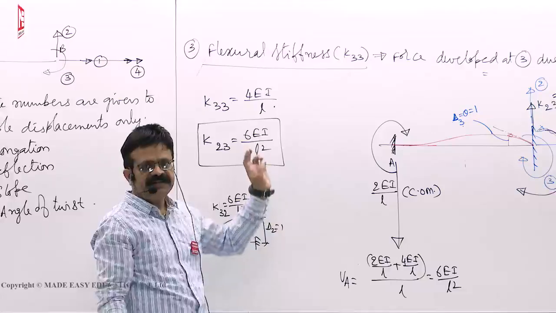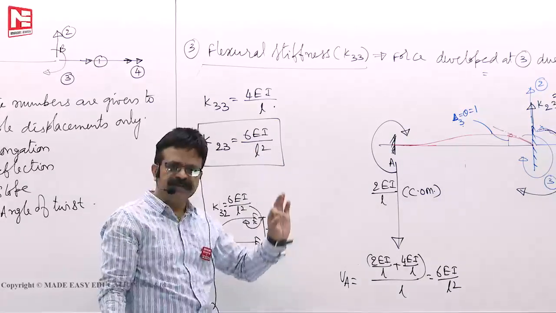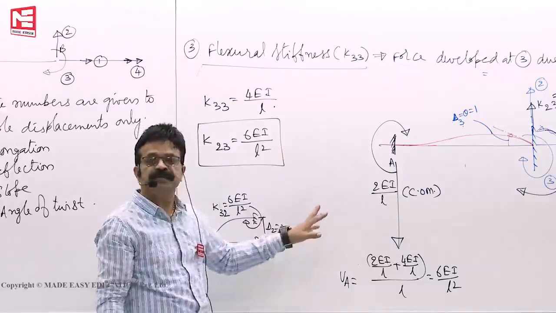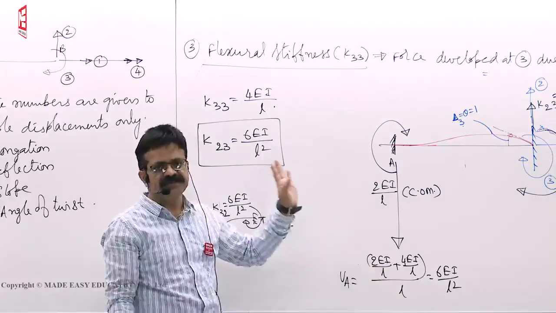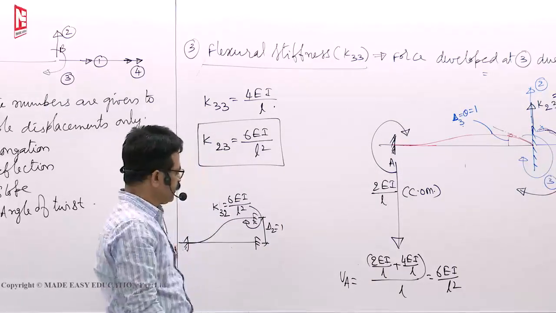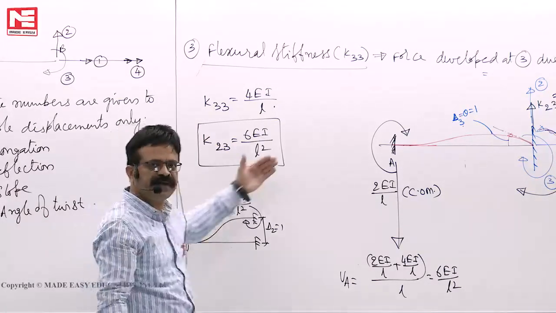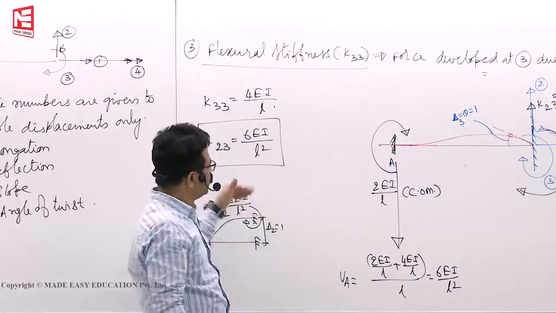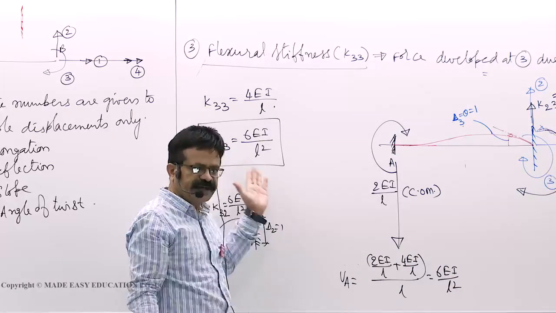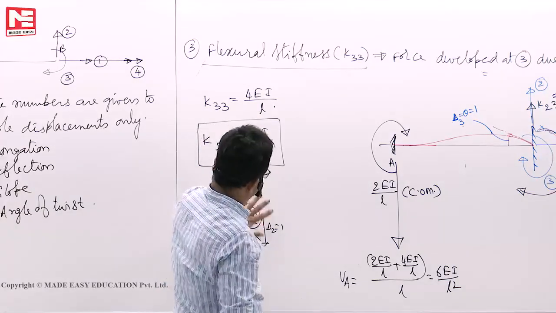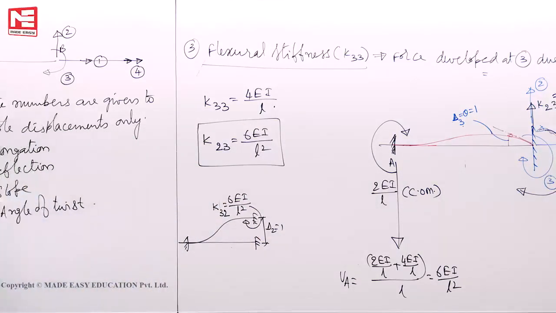So, stiffness method, flexibility matrix methods are applicable to linear elastic structures for which the principle of superposition holds and deformations also must be small. Okay. So, we will prove this one, K23 is equal to K32, Betti's reciprocal work theorem. Okay. So, this observation we will keep it.